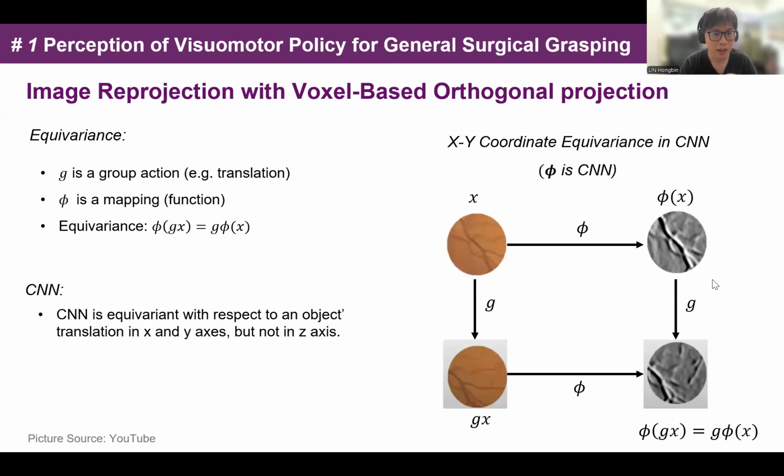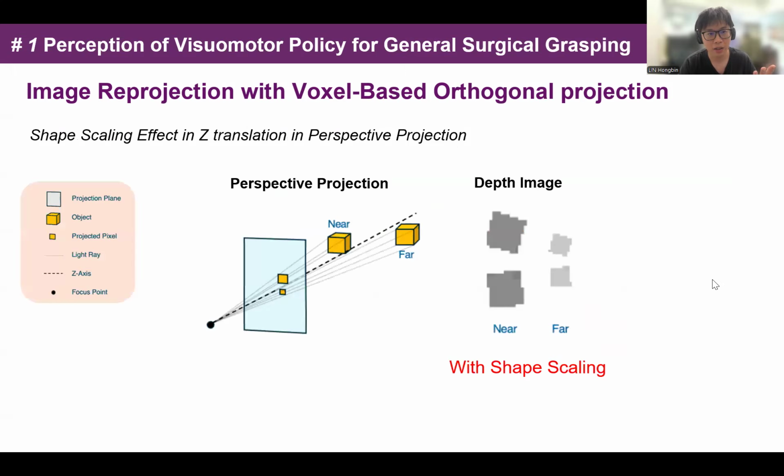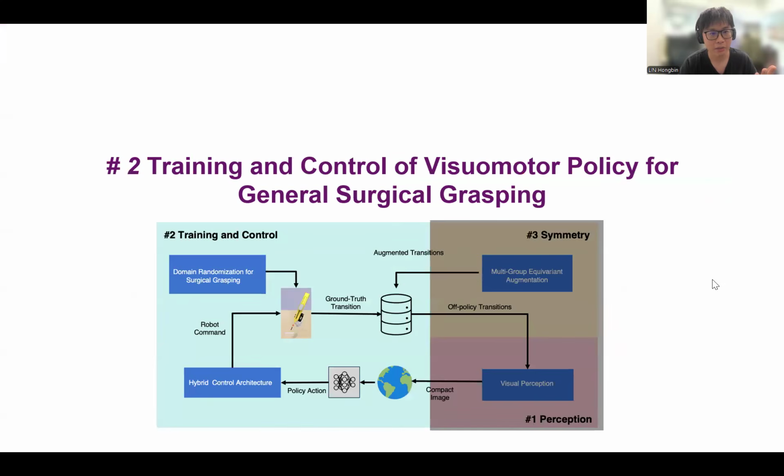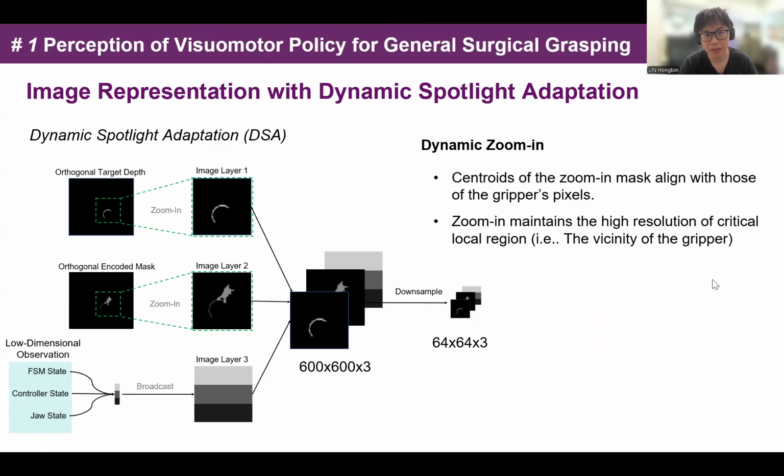Instead, the image reprojection is novel, and the image representation using dynamic spotlight adaptation is novel. These two works are something I propose, and we evaluate them in the surgical task.